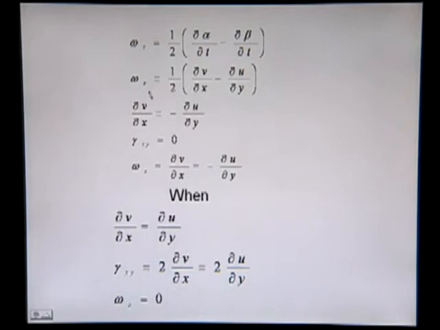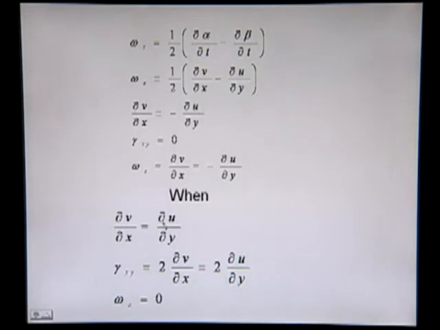So omega z is equal to 1 over 2 of del v over del x minus del u over del y. If del v over del x is equal to minus del u over del y, then if we substitute, these two get cancelled and gamma xy is equal to 0, and omega z is equal to del v over del x or minus del u over del y.